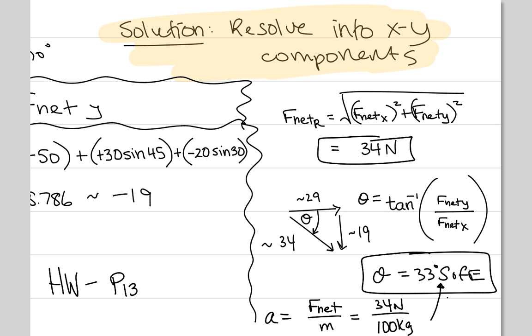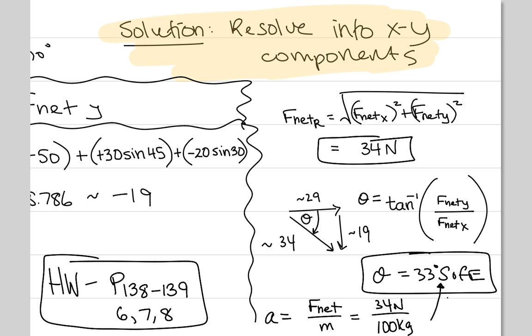I'm going to give you a quiz on this kind of stuff later in the week next week. So page 138, 139, 6, 7, and 8. And the only thing about those is they give it to you in bearings. So you're going to have to do some minor adjustments before you start the question.